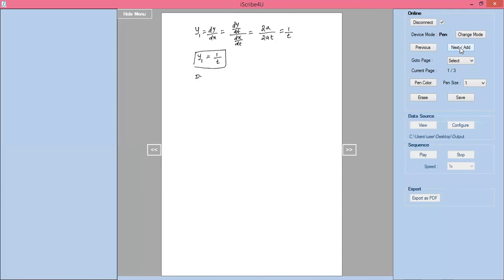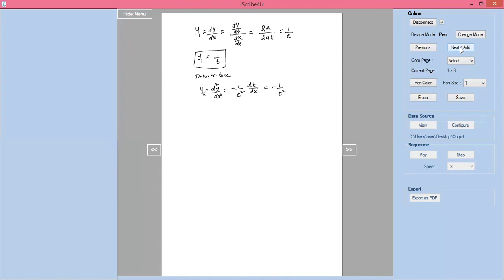We differentiate with respect to x. Differentiation of y1 is y2, that is d square y by dx square. It is the differentiation of 1 by t, which is minus 1 by t square, into dt by dx.